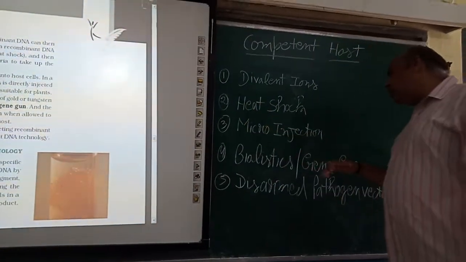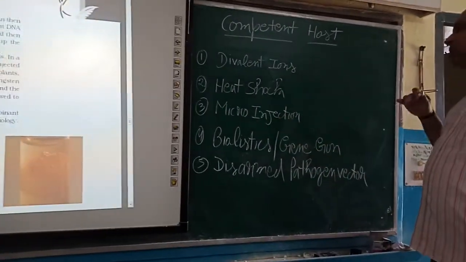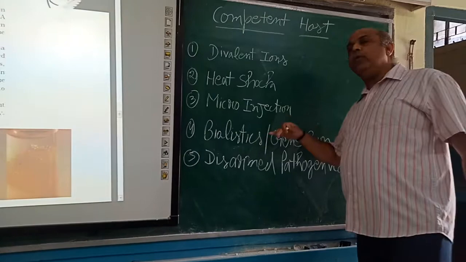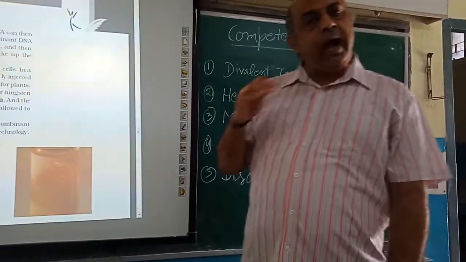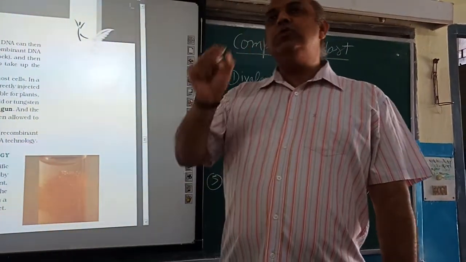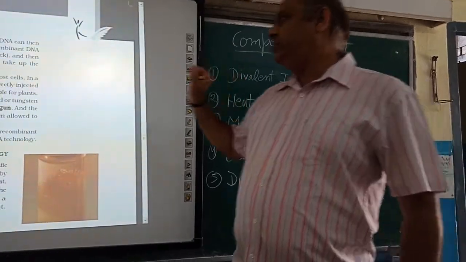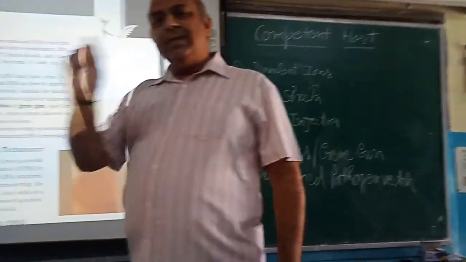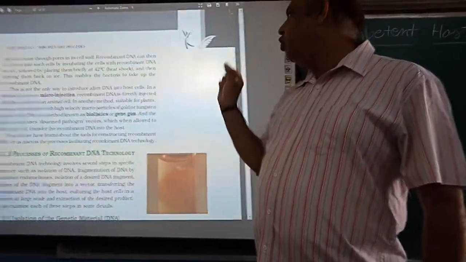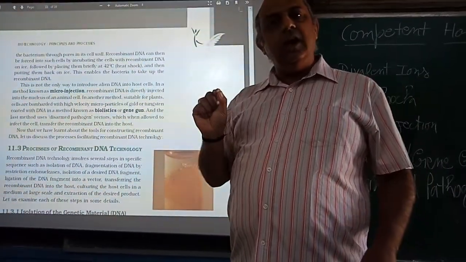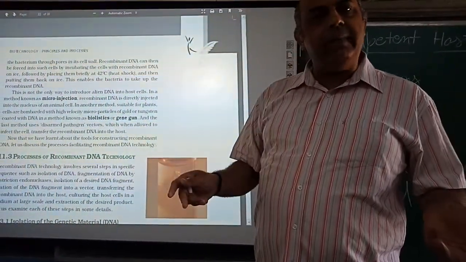The fourth approach is biolistics or gene gun, and this approach is used in the case of plants. We use small microparticles, small pellets of gold, tungsten or any other unreactive metal.